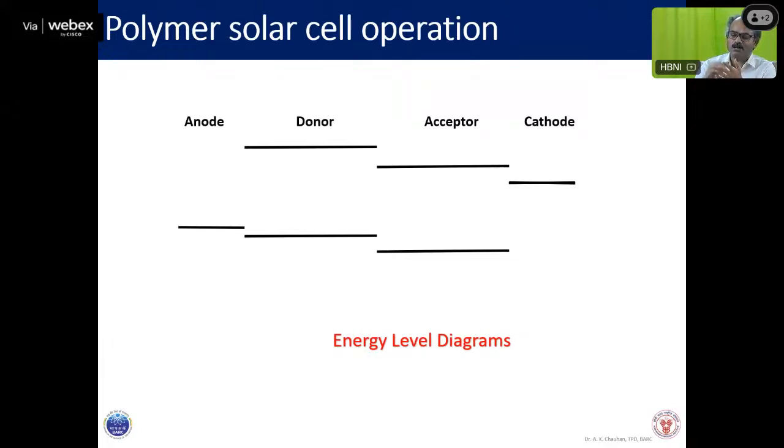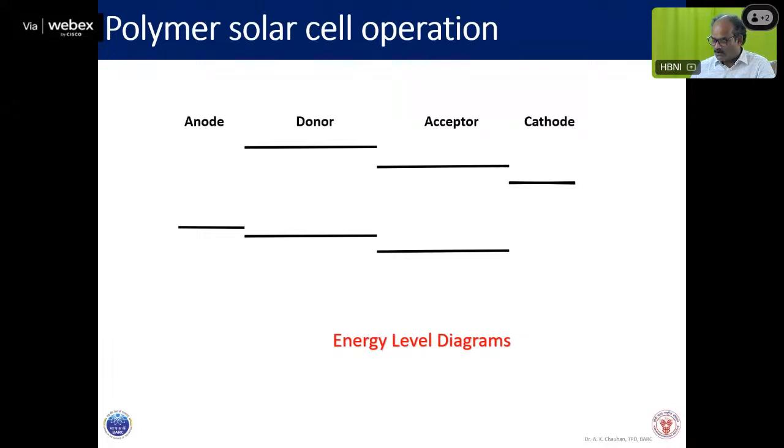And this donor and acceptor is different from what we use in p-n junction terminology, where phosphorus is called a donor because it is donating an electron to the conduction band. Here, all those molecules which are similar to the P-type materials are called donors, and in place of N-type they are called acceptors.